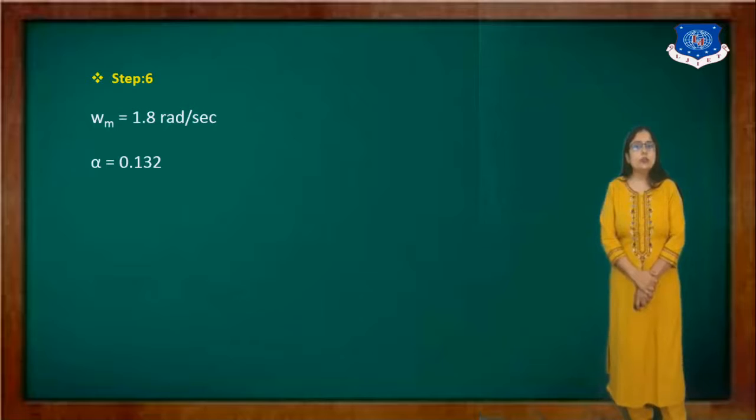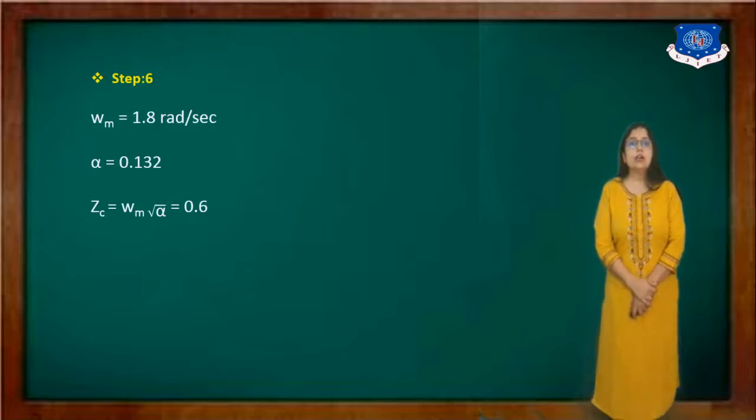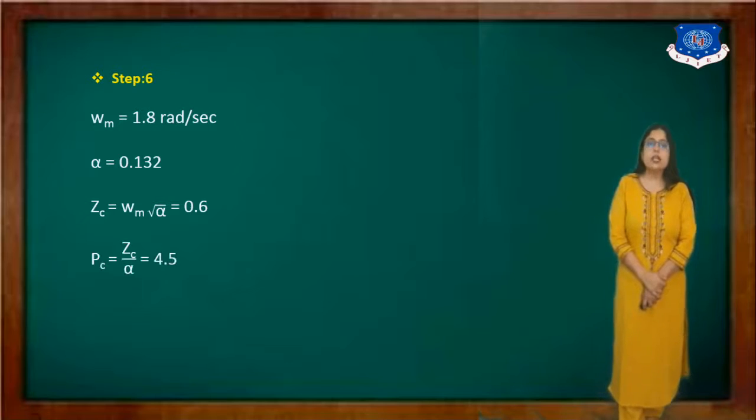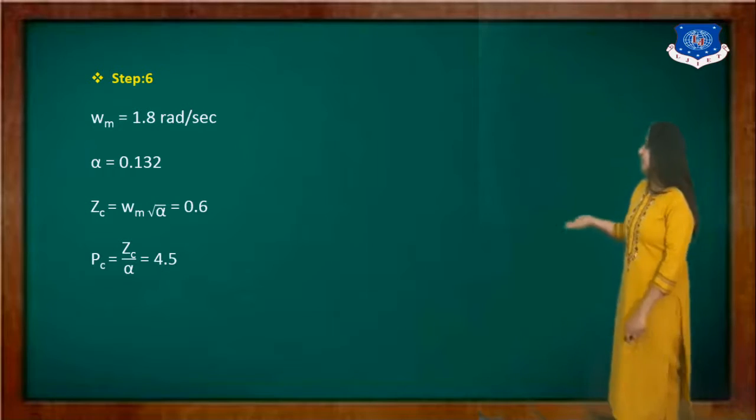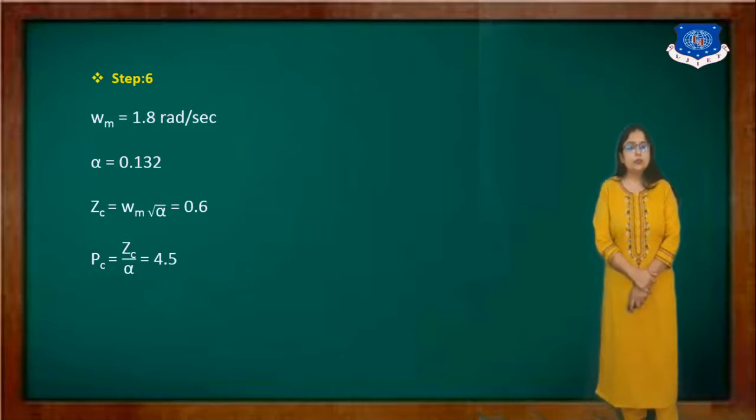Now next, what we will do? This is the value of omega m and alpha. Based on that, we will find out the ZC and PC. ZC equals omega m times the square root of alpha, that equals 0.6. And PC equals ZC divided by alpha, that equals 4.5.